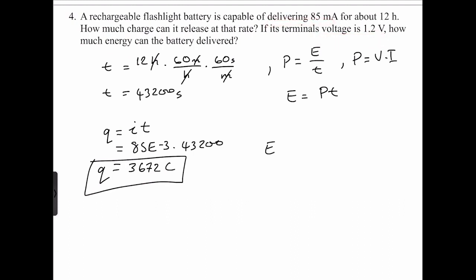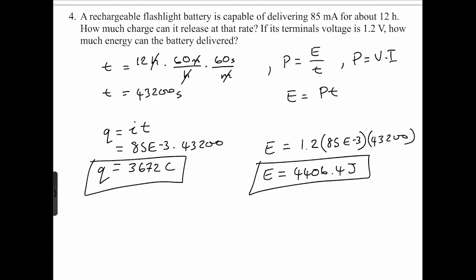So we say the energy is equal to V, 1.2 volts, the current 85 milliamperes, and the time, which is 43,200, and the energy will then equal, punch that out, 4,406.4 joules. Energy or work is in joules. So that's it for today's problem.